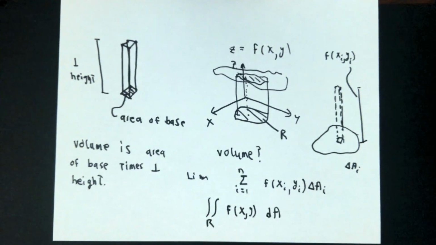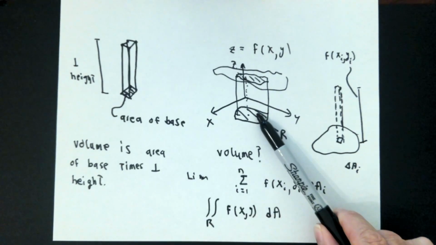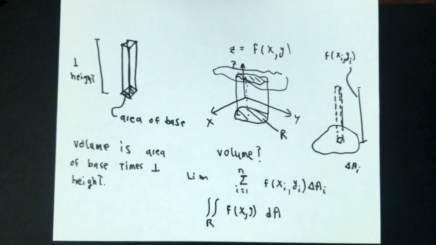We recognize this as the double integral over region R of the xy plane of f of x and y integrated with respect to area in the xy plane. We could then, in a nice situation, use Fubini's theorem to calculate this integral.